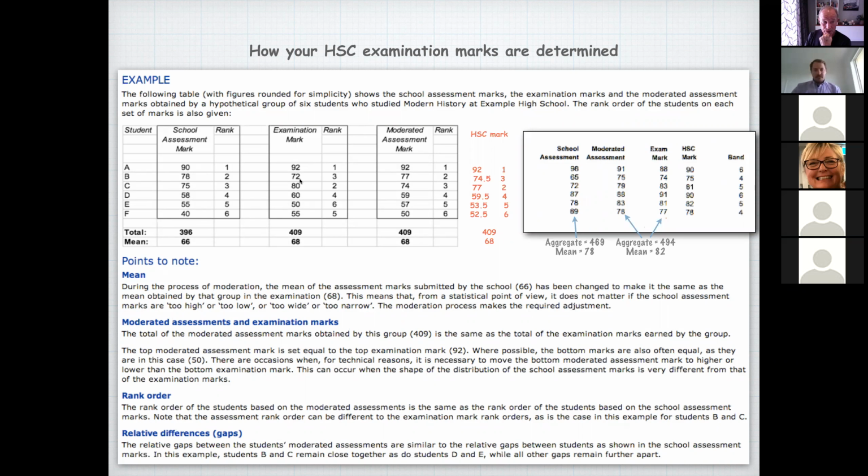And you notice that student B here didn't go as well as student C in the exam, but the rank stays the same. But look what happens when you get the HSC mark. Student B has jumped down to 3 and student C has jumped up to 2.